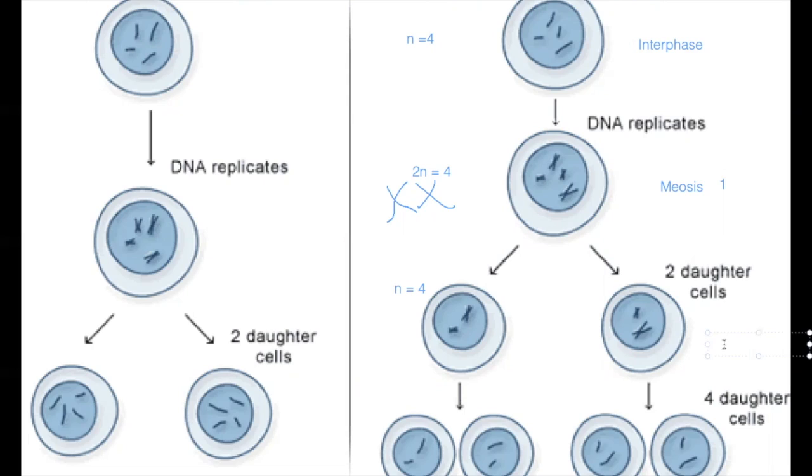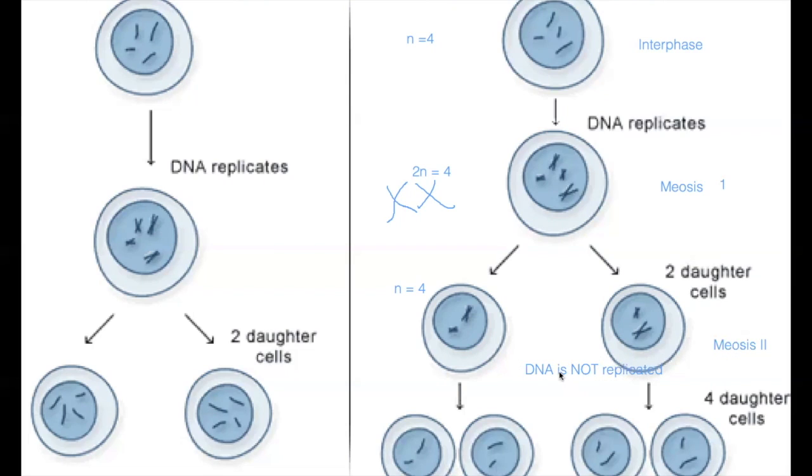So that leads me into our next part, which is meiosis 2, which consists of prophase through cytokinesis 2. And so DNA is not replicated again.